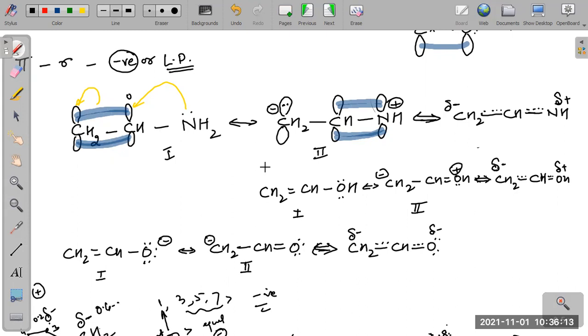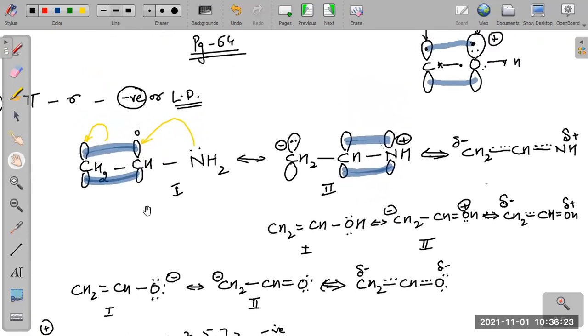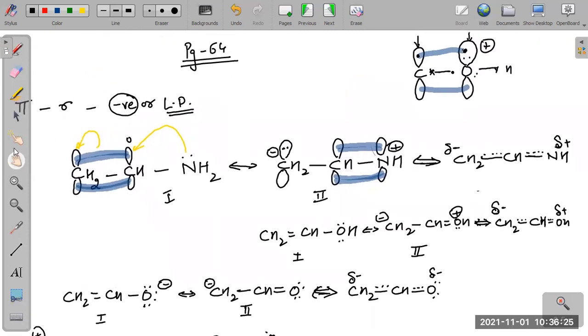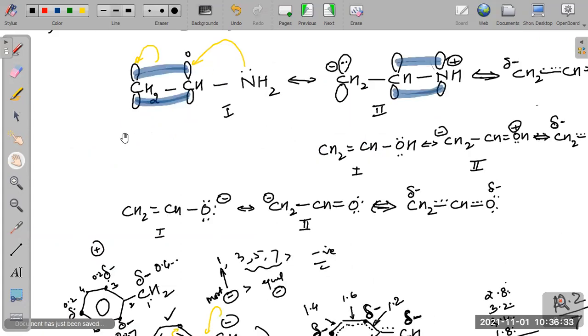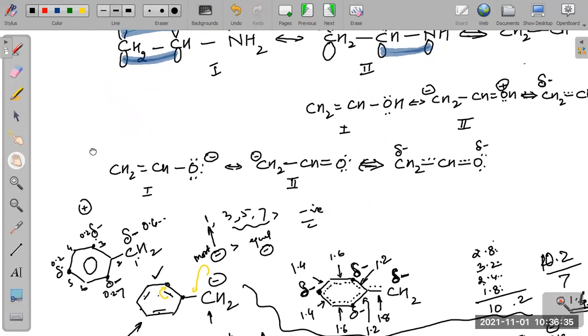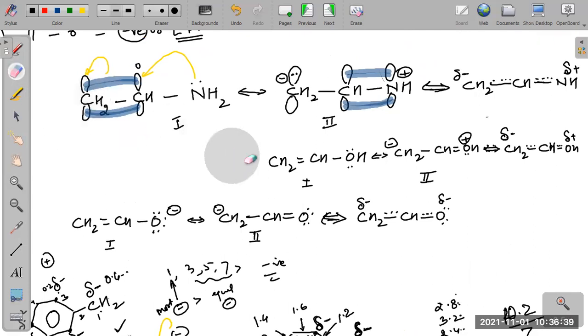Neutral atom से जब हो जाएगा तो negative efficiency आएगी, which is represented as plus charge. Negatively charged system से अगर delocalization हो रहा है, it is not going to be indicated as this thing, positive charge. That will simply be nullification of the negative charge.